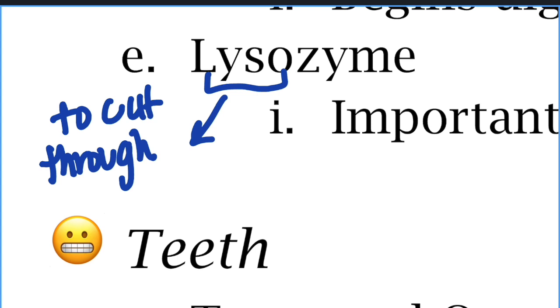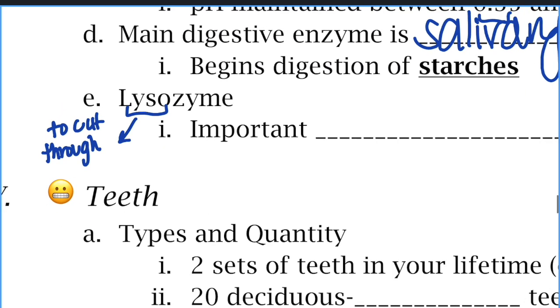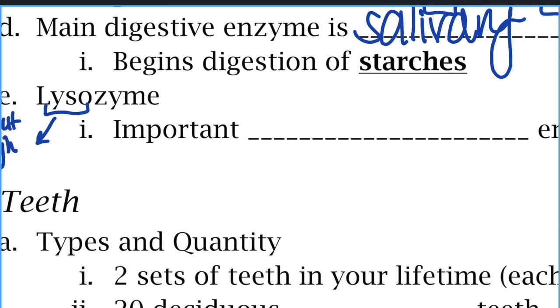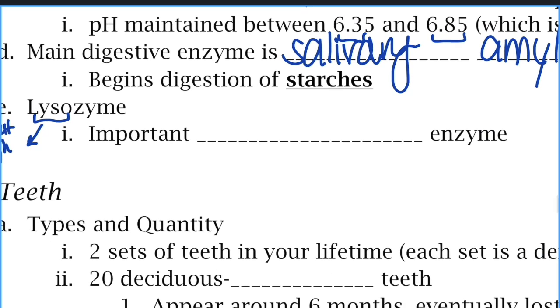So lysozymes you make naturally in your mouth. What do you think they are doing, my friends, now that we know what Lysol does? What do we think the lysozymes do for your mouth? They are an important blank enzyme. What are we cutting through here? Bacteria. Yeah, so let's write antimicrobial.